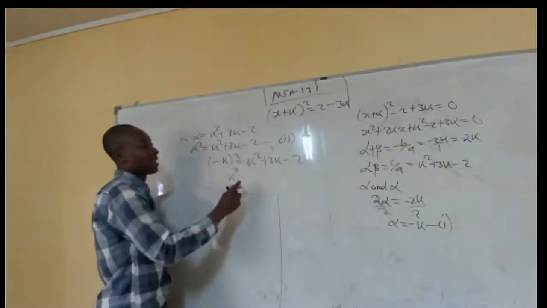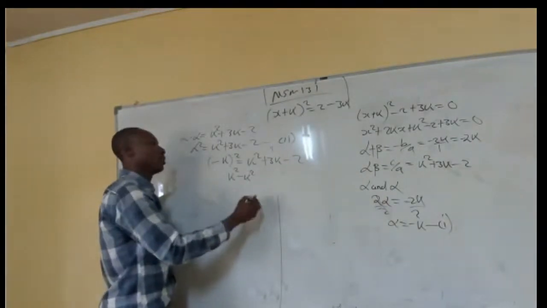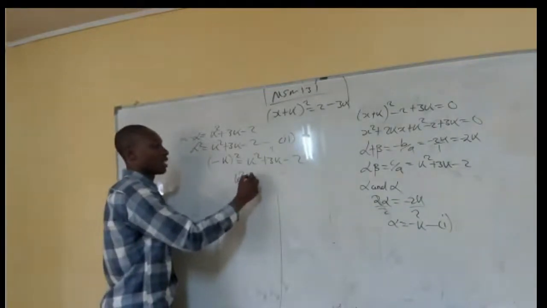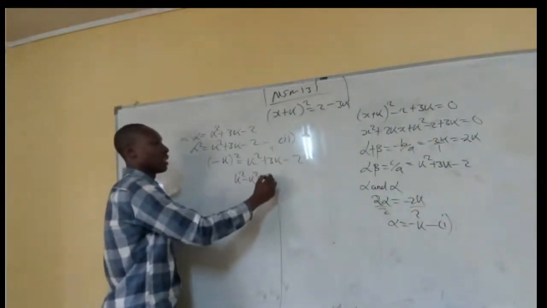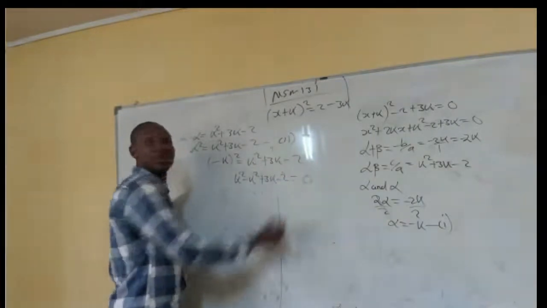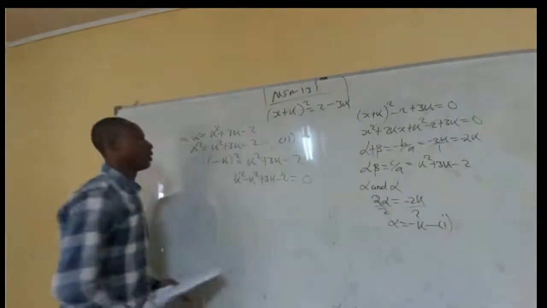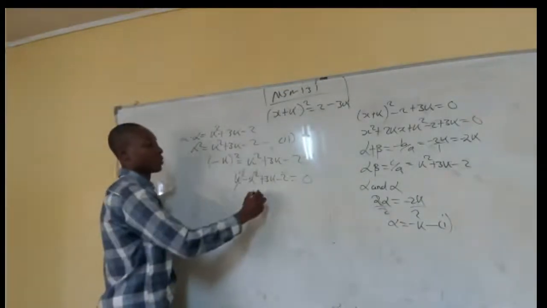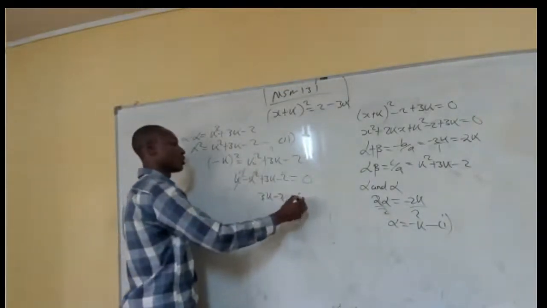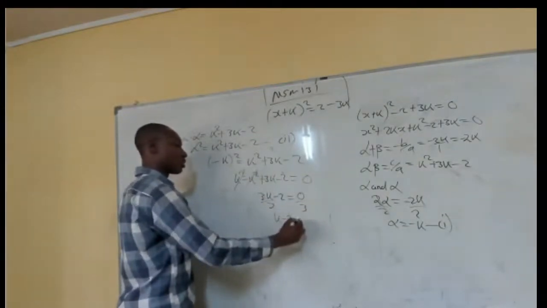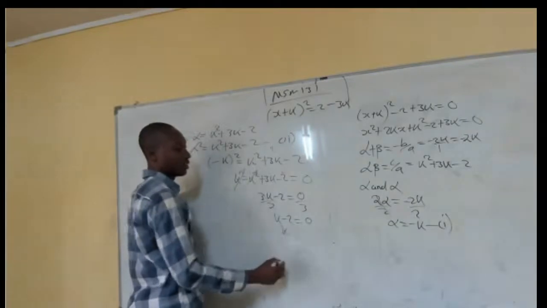If I take this the other way, we have k squared - k squared + 3k - 2 = 0. These two will cancel, so we have 3k - 2 = 0.